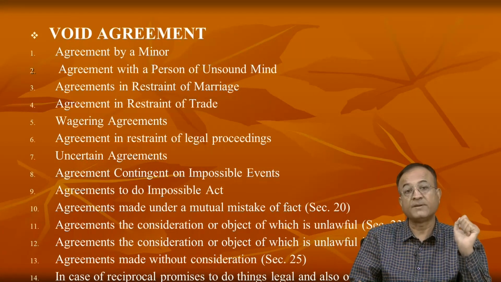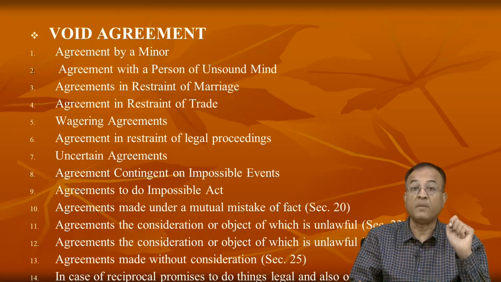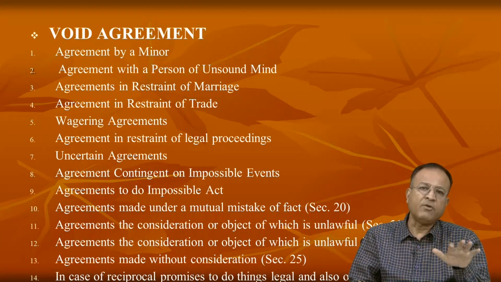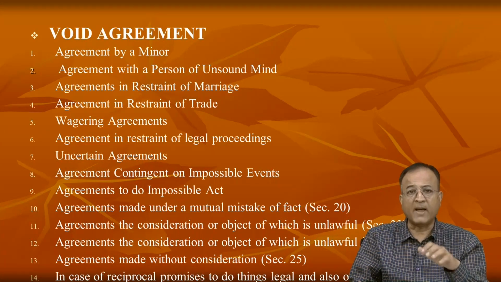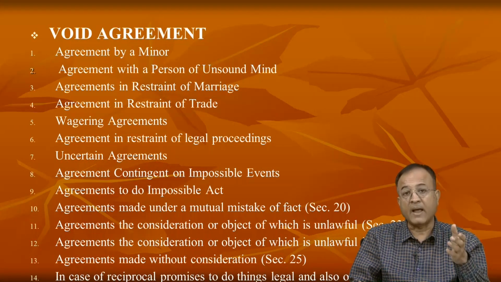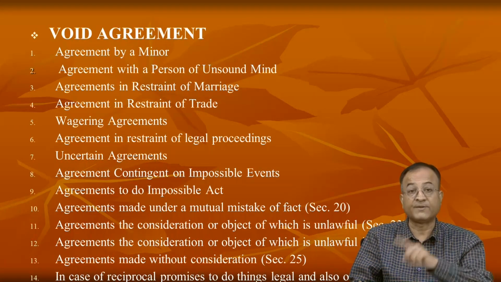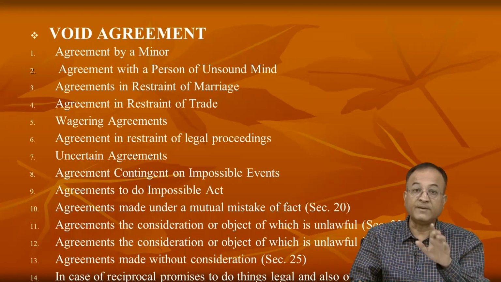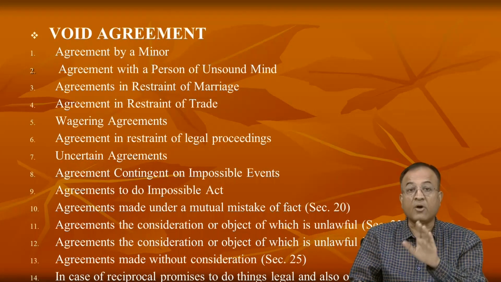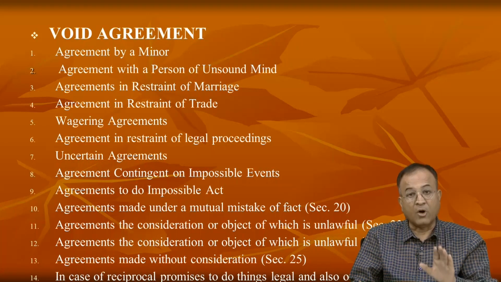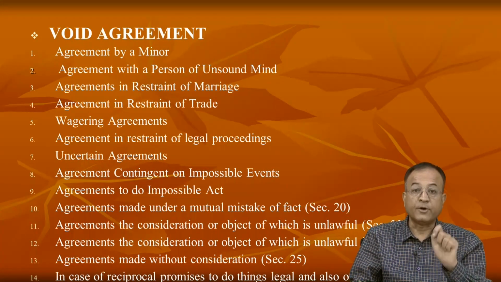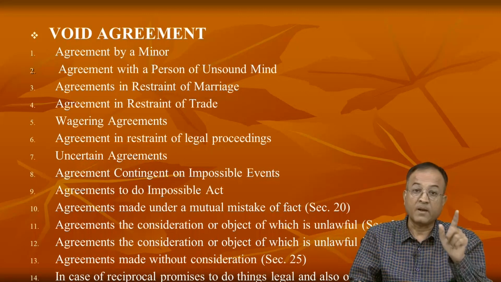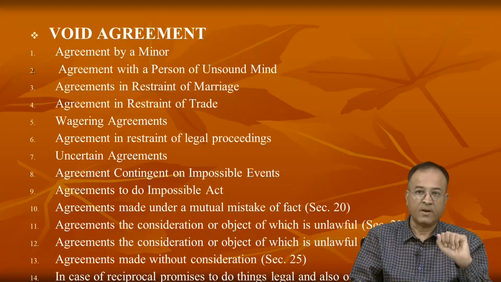Third, agreement in restraint of marriage. Everyone enjoys the freedom to marry, and in accordance with Section 26 of the Contract Act, any agreement in restriction of the marriage of any person who is not a minor is void.